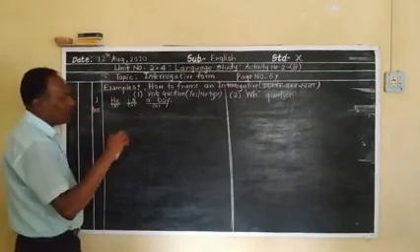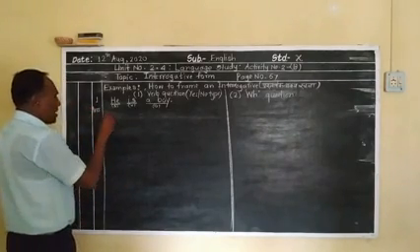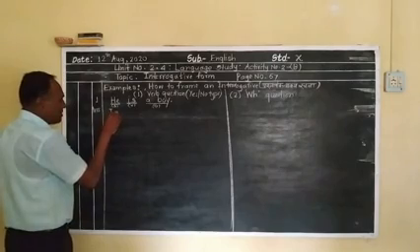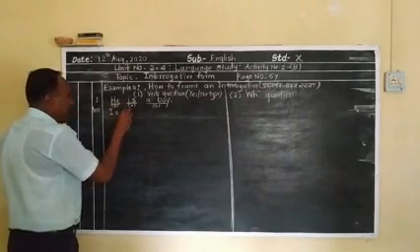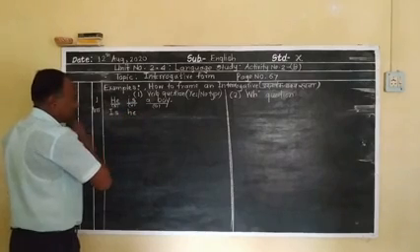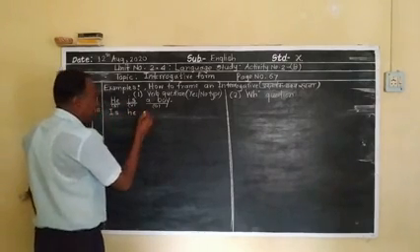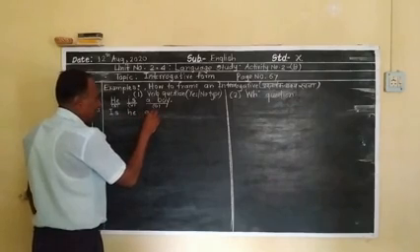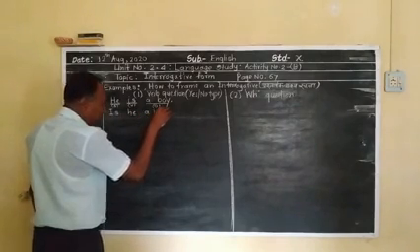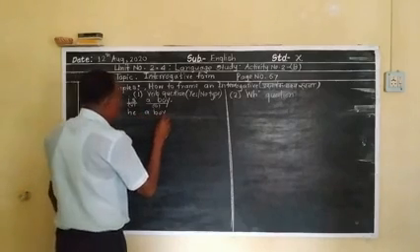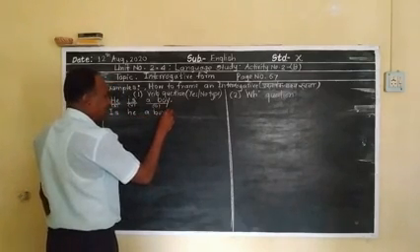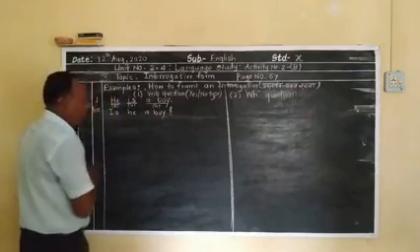While framing an interrogative, take the verb first, after that subject, and after that object, and at last question mark.